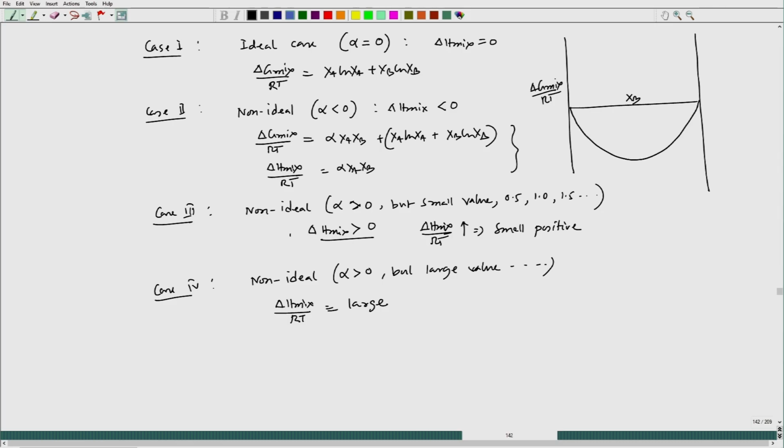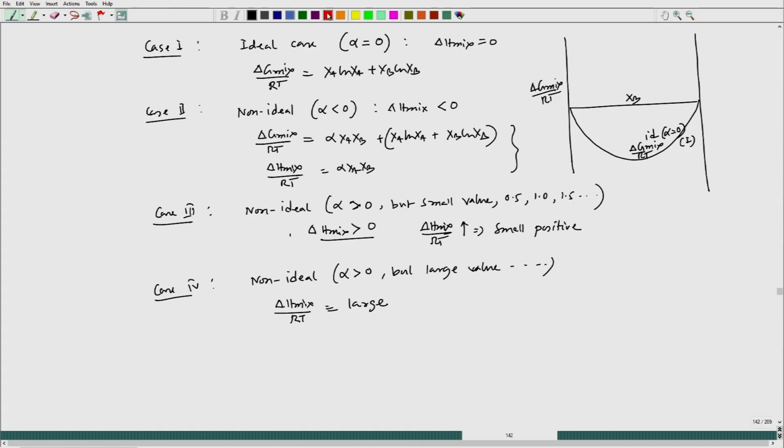First one, let us say this is ideal, so alpha equal to 0. This is case 1.